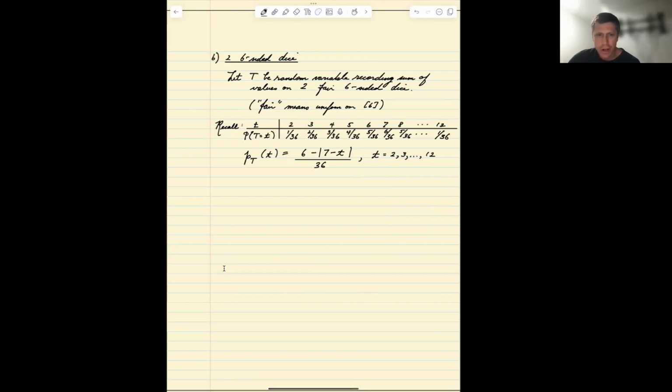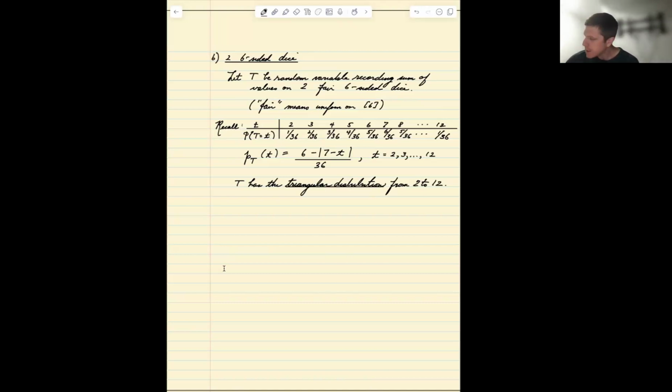And this is called the triangular distribution, from 2 to 12. Now, why do we call it that?